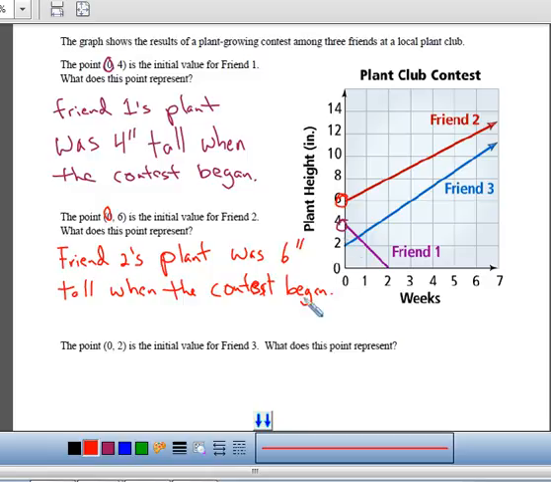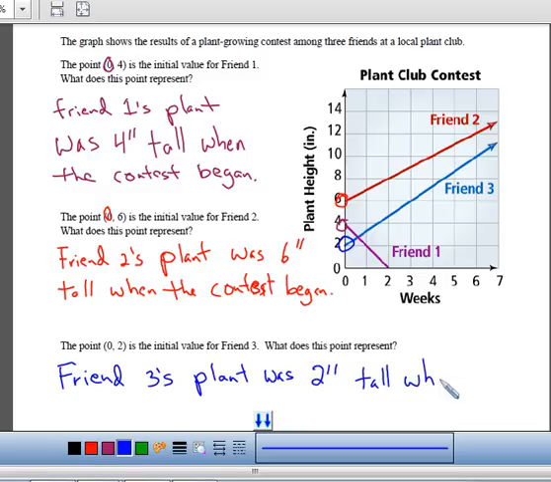And then we have one more. The point (0, 2) is the initial value for friend 3. That's right here. What does this point represent? I'm sure you've probably already figured this out. Now we're talking about friend 3, and friend 3's plant starts out, or was, 2 inches tall when the contest began, or at the beginning of the contest.